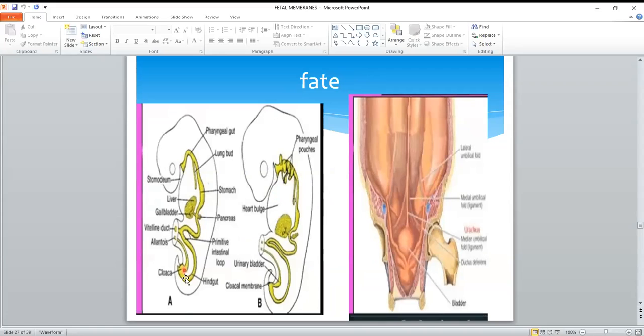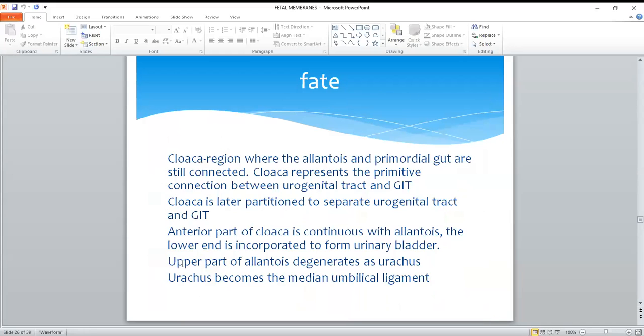The cloaca is a point where there is a connection between the hindgut, the primitive gut, and the primitive urogenital system. The cloaca represents the primitive connection between the urogenital tract and the GIT.